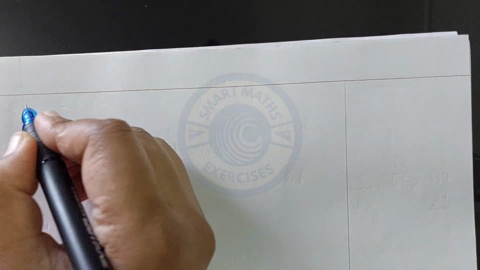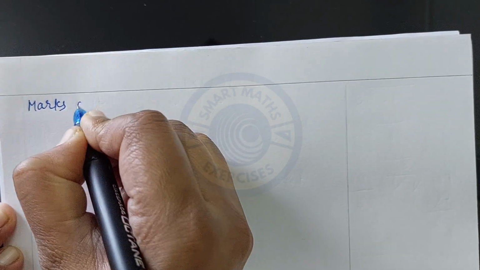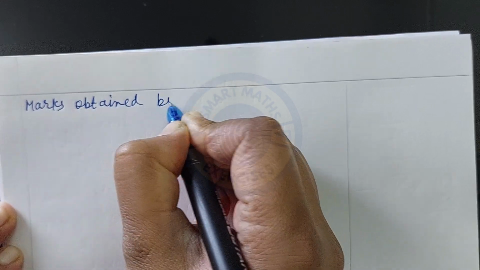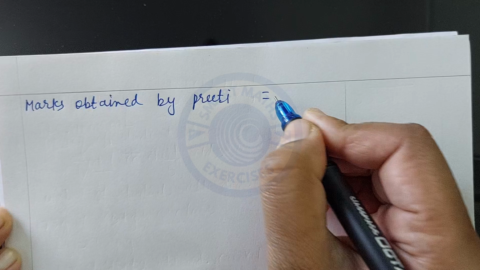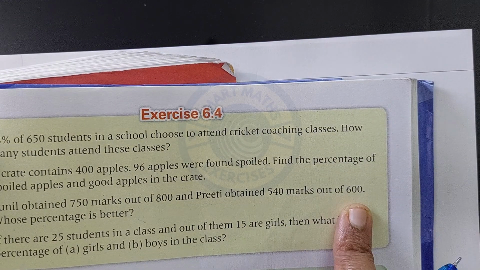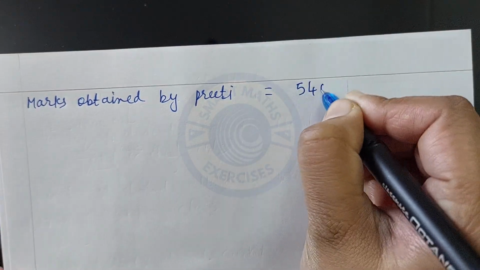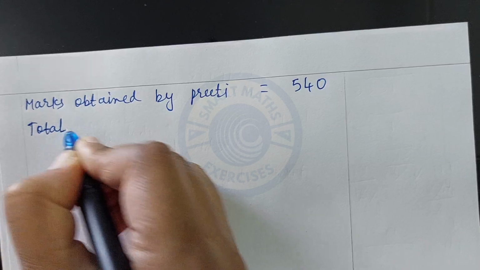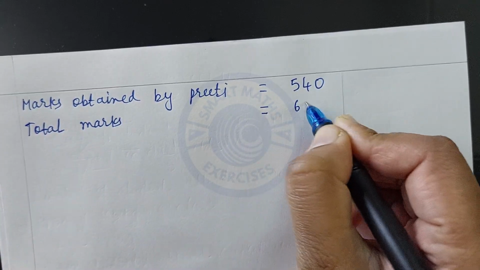Now we're done with Sunil. We will find out the percentage of Preeti. Marks obtained by Preeti equals to, given marks are 540 out of 600. So 540, total marks is equals to 600.